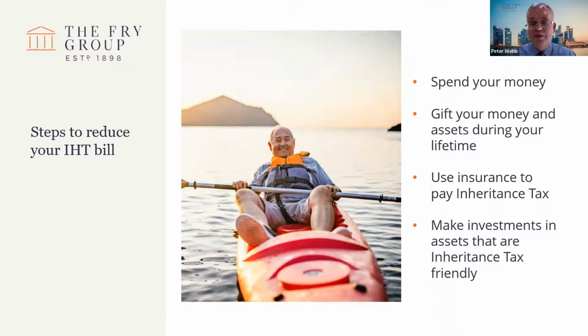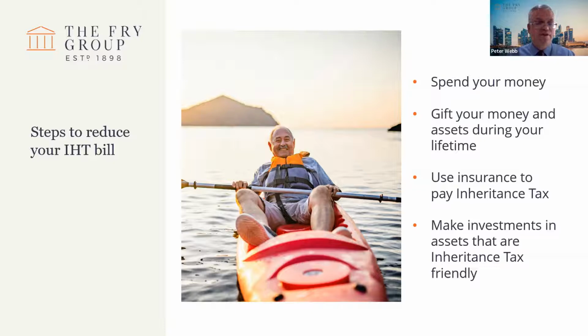Another kind of investment that is inheritance tax friendly would be for what we call agricultural property. This is agricultural property relief, and it's available on land which is occupied for the purposes of agriculture, together with appropriate buildings and farmhouses used in conjunction with the land.